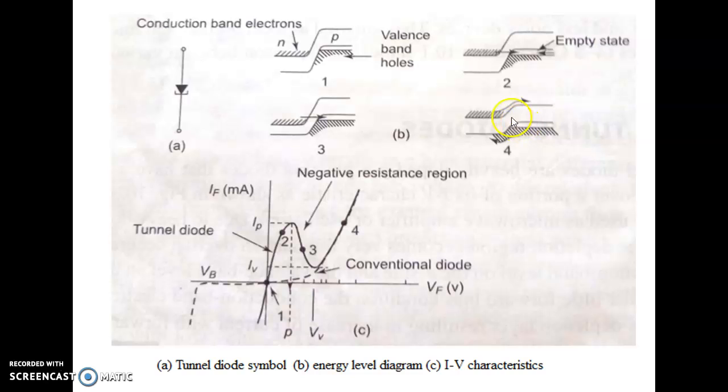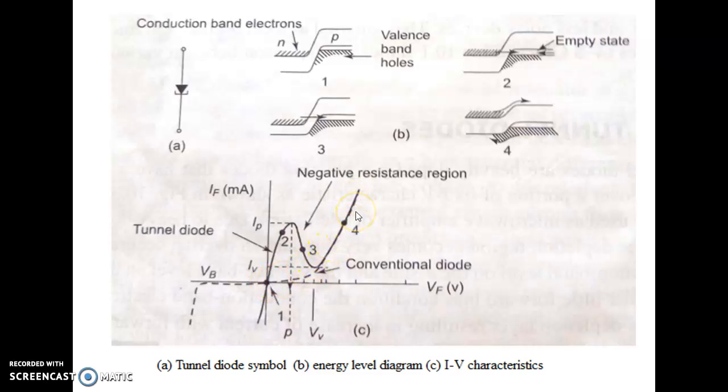In that case, it looks like a normal diode, where the conduction band electrons have to cross this barrier in order to reach the other side. This is the characteristic of a conventional diode.